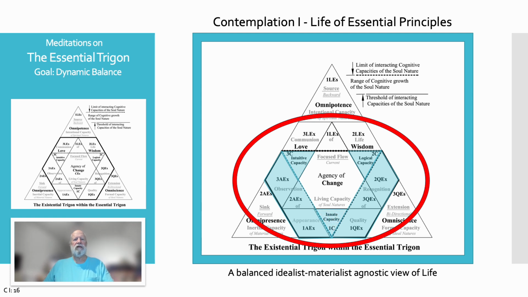The innate capacity 1C in this slide is focused on those same two natures and fails to recognize the reality of the formless intentional spiritual natures of 1LEX, 2LEX, and 3LEX. This view is agnostic to all three of the fundamental capacities as essential to life at 1LES, 2AES, and 3QES.